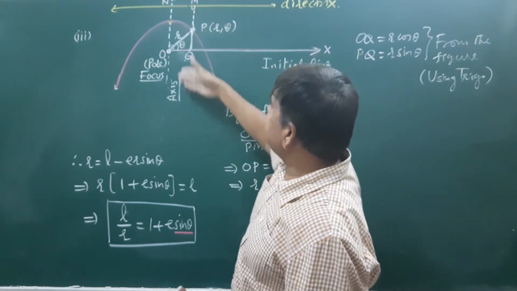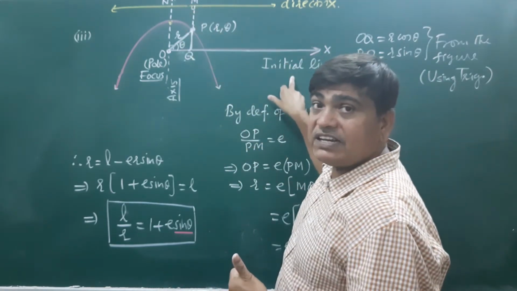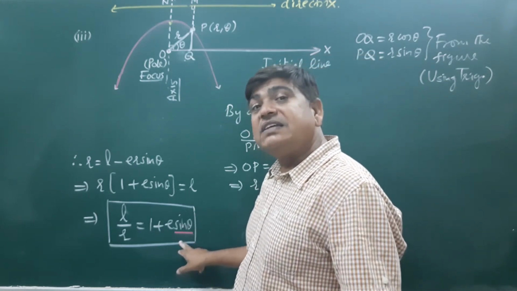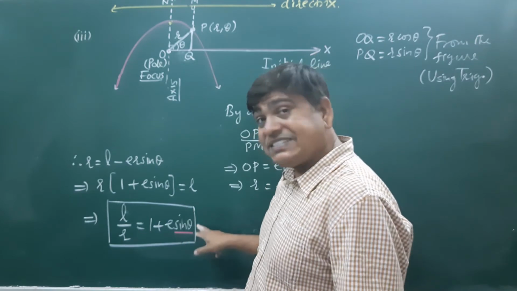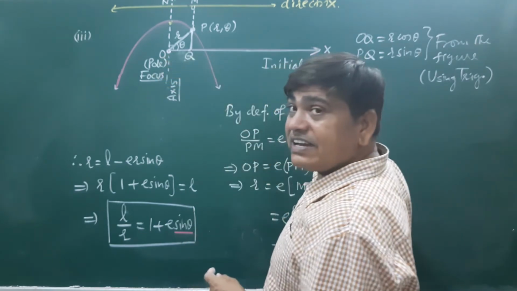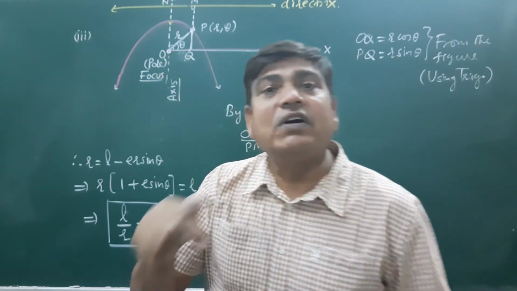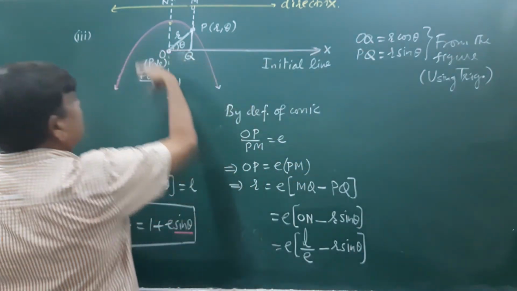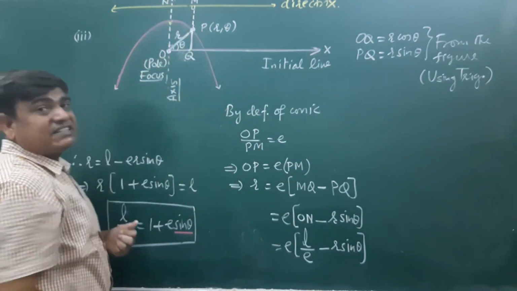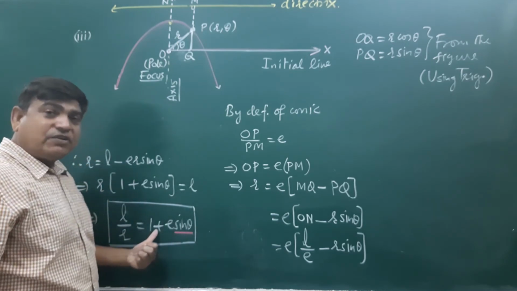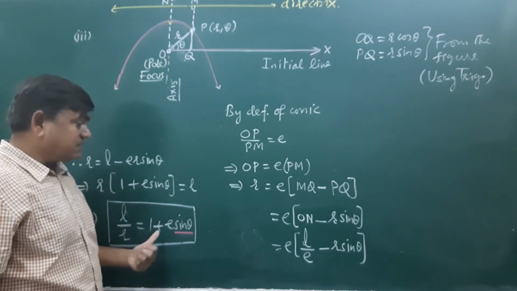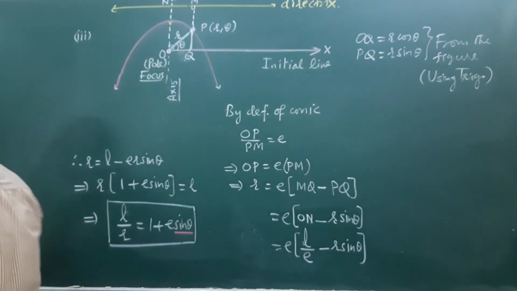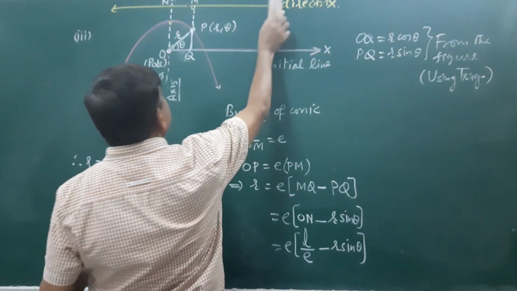If the axis is perpendicular to the initial line, then the equation involves sine. Along this line, then the equation involves cos. Okay? And if I reverse the direction, then I hope you can understand the sign will be negative. So, conclusion.